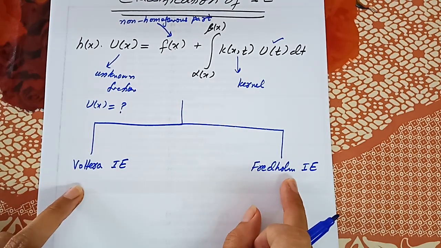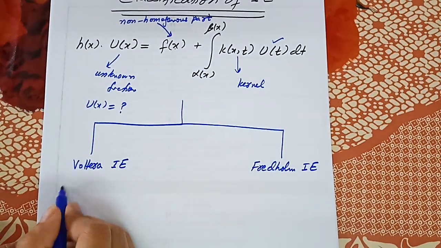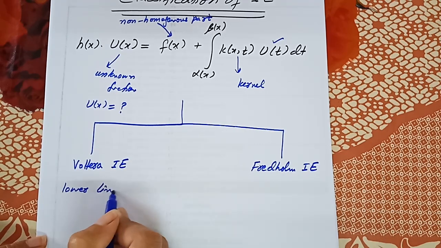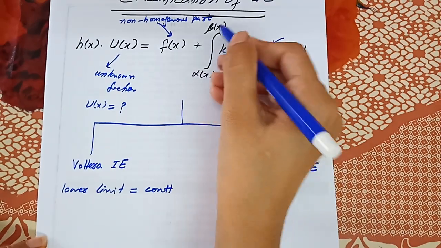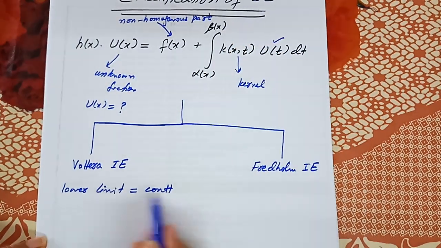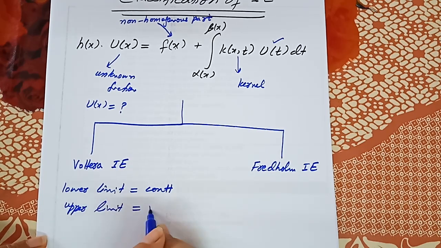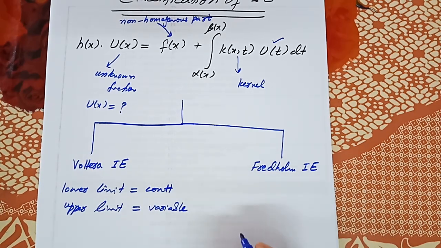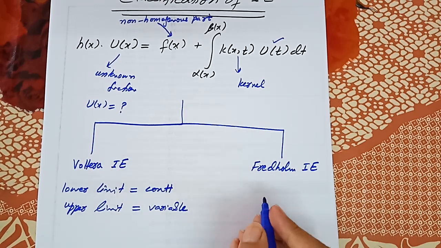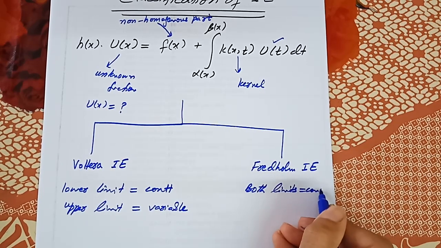If your upper limit is a variable and the lower limit is constant, if your lower limit is any constant term, like you see these are the variables of x, but if your lower limit is constant and upper limit is a variable, then this is your Volterra integral equation. While in Fredholm integral equation, both limits are constant.